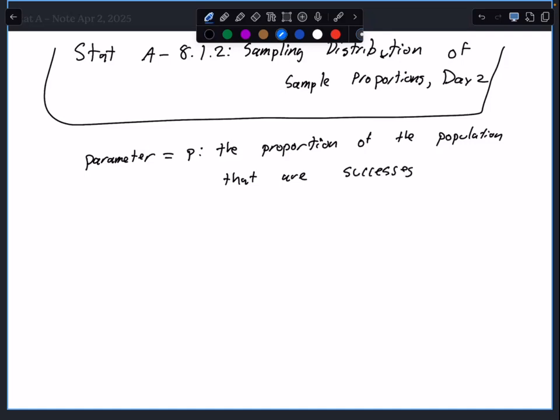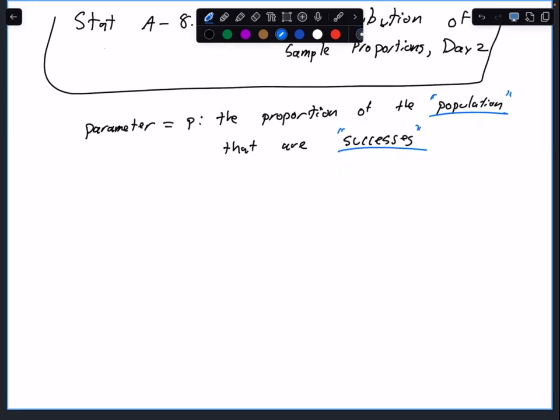And as I did yesterday, the population will change within each problem, and so will what we're categorizing as a success. It's what we are trying to figure out. What is the binary thing, that are male, that are going to want to come back another year, that are diagnosed, or whatever the thing is.